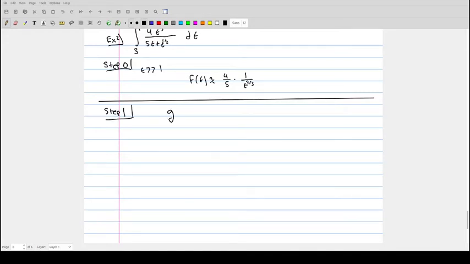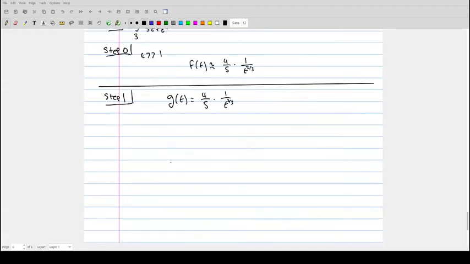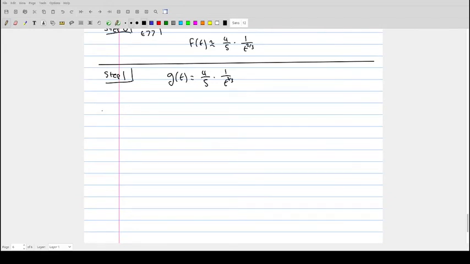In this case, we'll choose g of t equal to 4/5 times 1 over t to the 2/3. And in step 2, the limit comparison test, we're going to look at the limit as t goes to infinity of f of t over g of t.